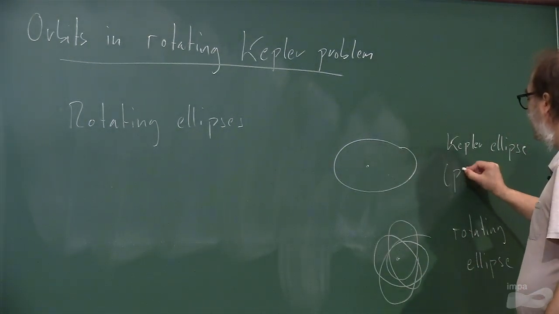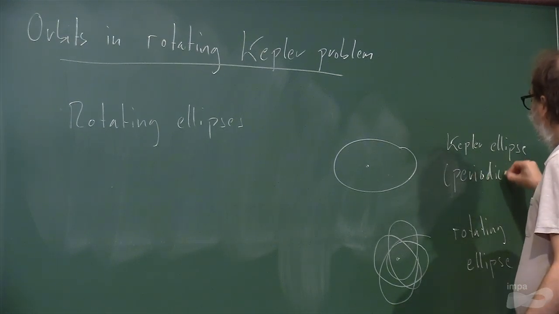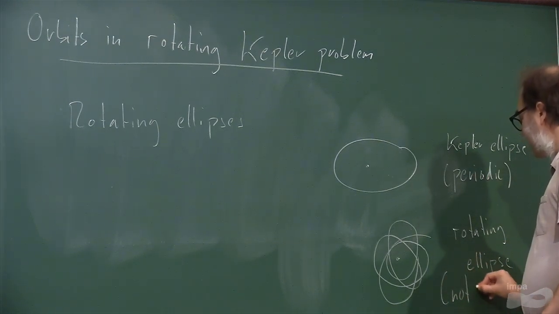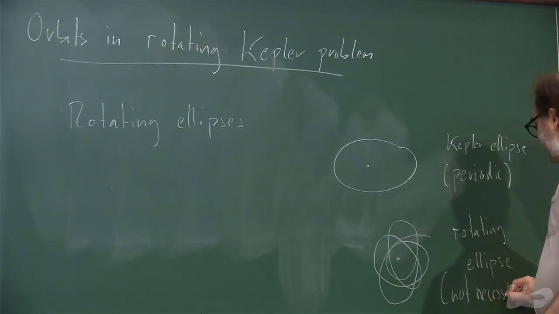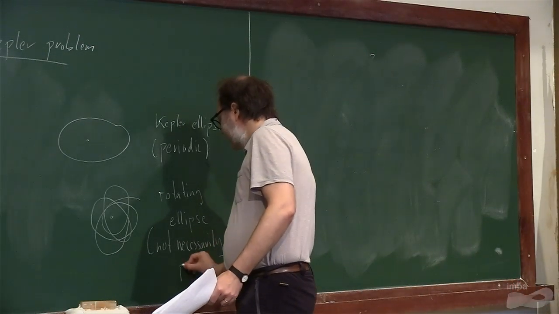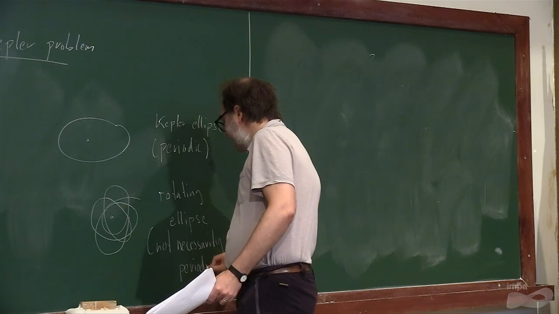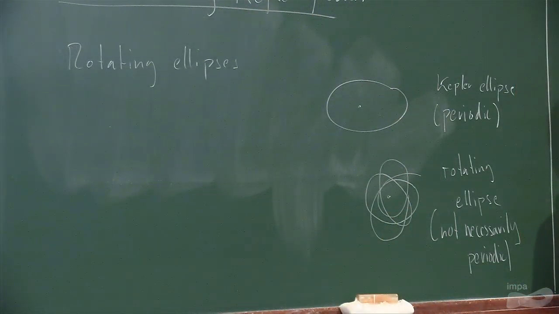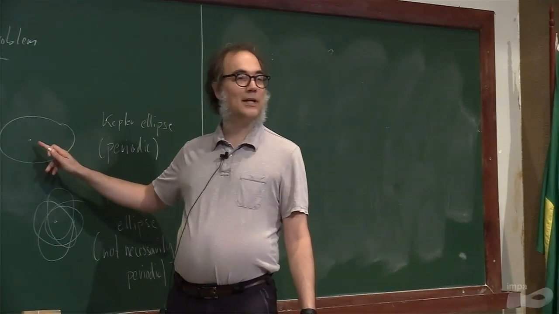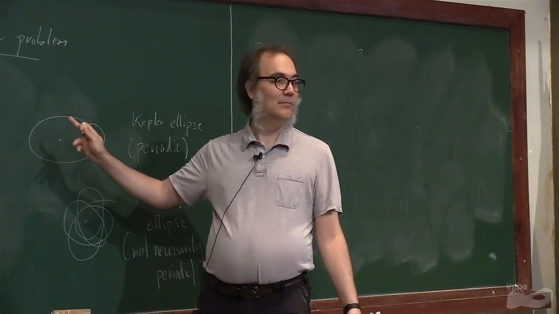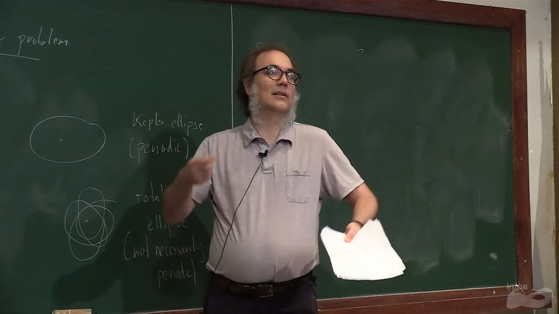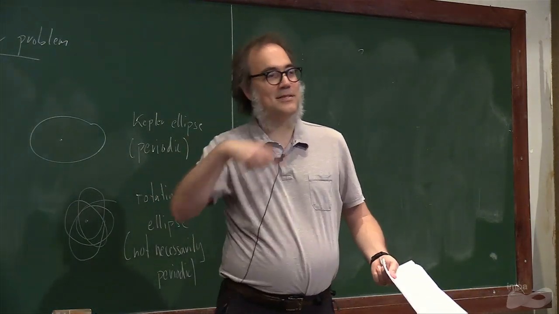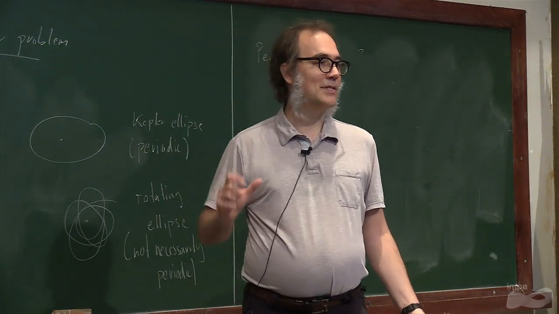So this is periodic. This is not necessarily periodic. There are two ways to be periodic. One way is if the Kepler ellipse is a circle. If you rotate the circle, then the circle is mapped to itself.